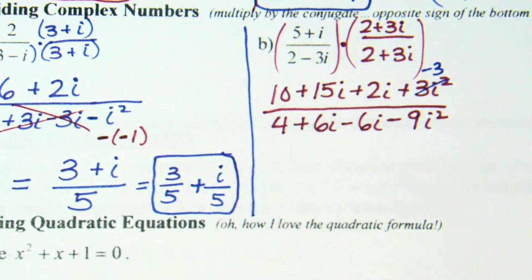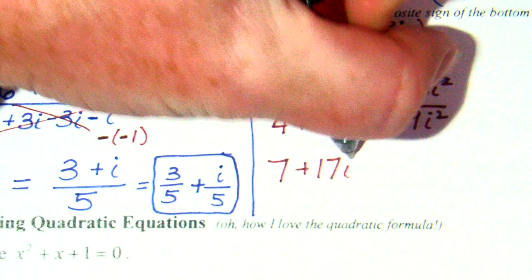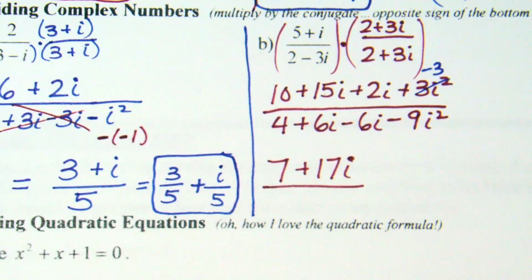Okay, what about the denominator now? Now we can talk about the fact that our middle terms cancel. And it's going to be 4. What do you know about minus 9i squared? That becomes plus 9. So 4 plus 9 is 13. Reducing? Nope, no reducing.